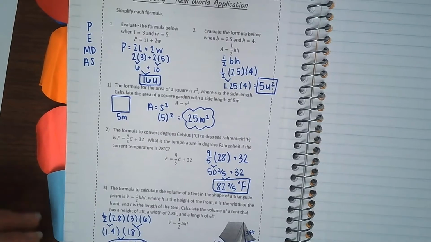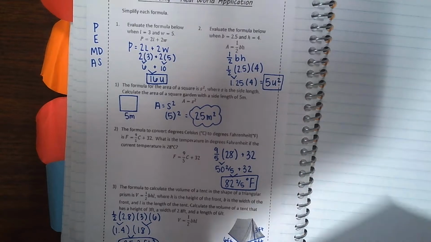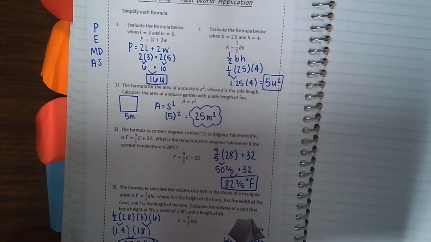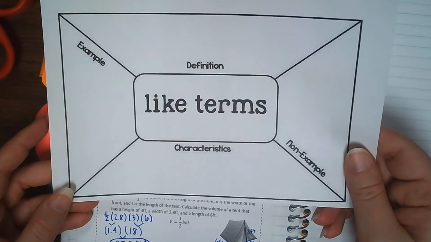Alright, so we're going to turn to page 63. Our page looks like this. So we're going to cut that in half. This is going to go on page 63.